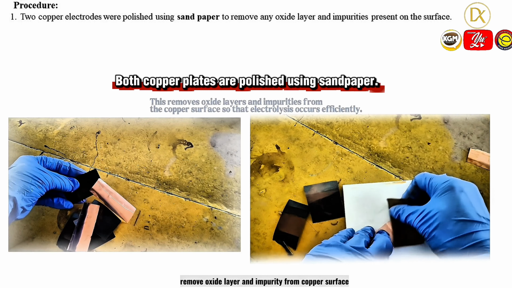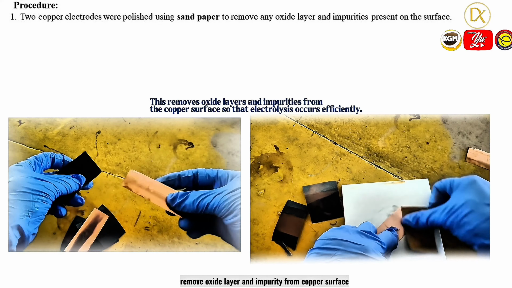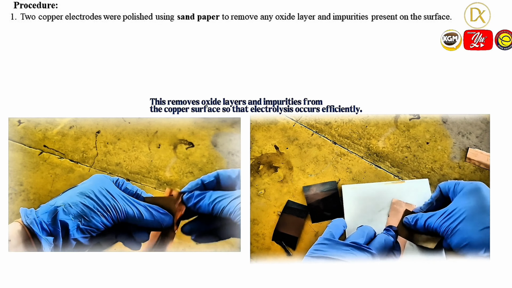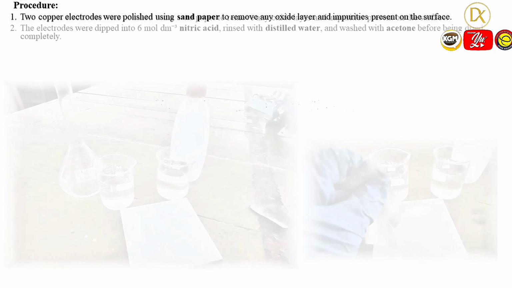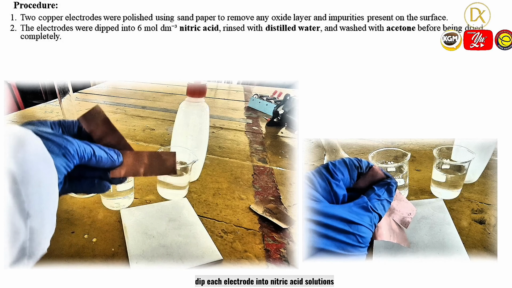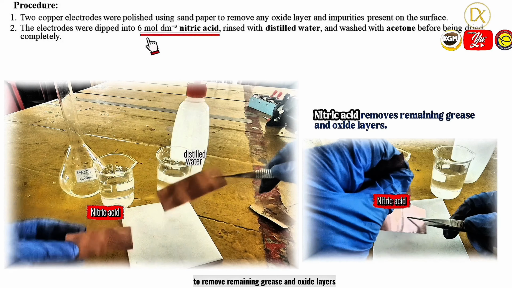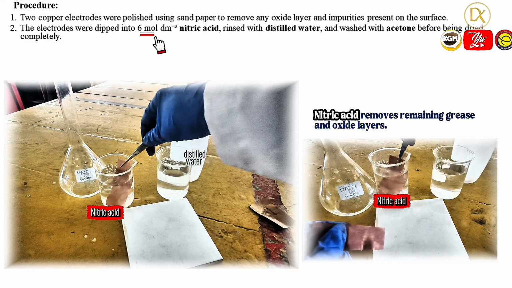This removes the oxide layer and impurities from the copper surface. Dip each electrode into nitric acid solution to remove remaining grays and oxide layers.